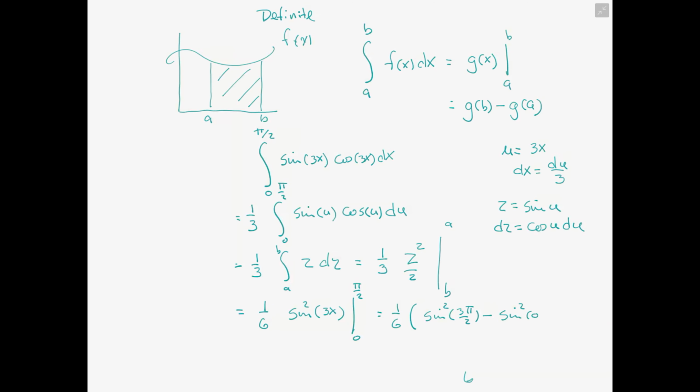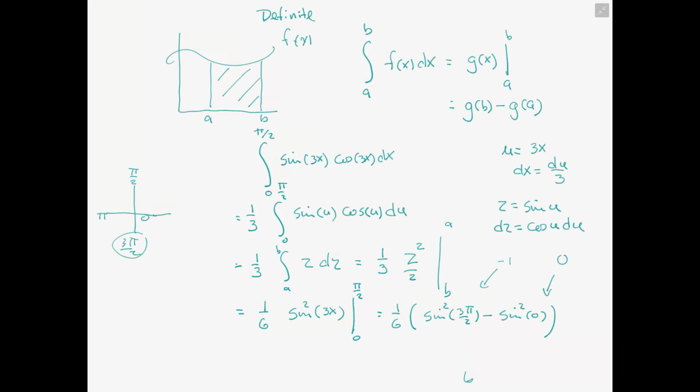And this is equal to 1/6 times sine squared of 3 pi on 2 minus sine squared of 0. And we know that is 0, and this one's -1.